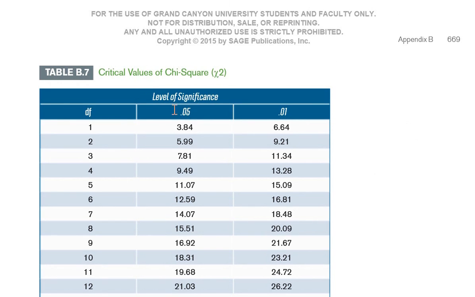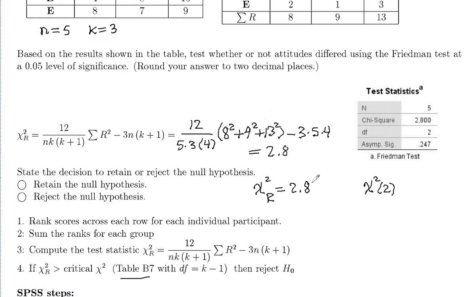We are looking at the 0.05 level of significance and 2 degrees of freedom, 5.99 right there. That is our critical value. So if we come back here, this is 5.99, and we see that our test statistic 2.8 is less than 5.99, and we need it to be greater than in order to reject. So we are going to retain the null hypothesis.